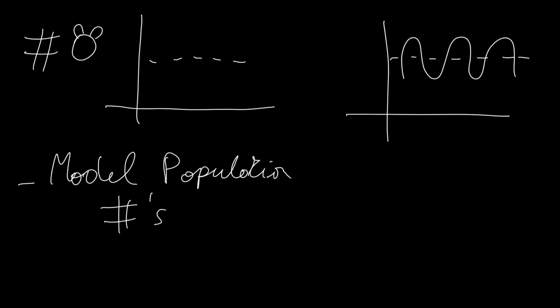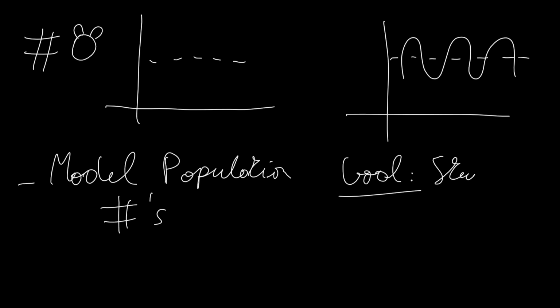Now, why would we want to do that? Well, the goal of this part in the video series, which is the population regulation part, is that we want to at some point be able to represent the factors that can influence the population numbers, and we want to study them.